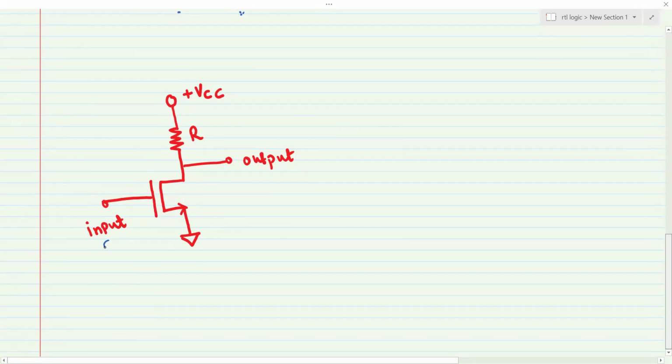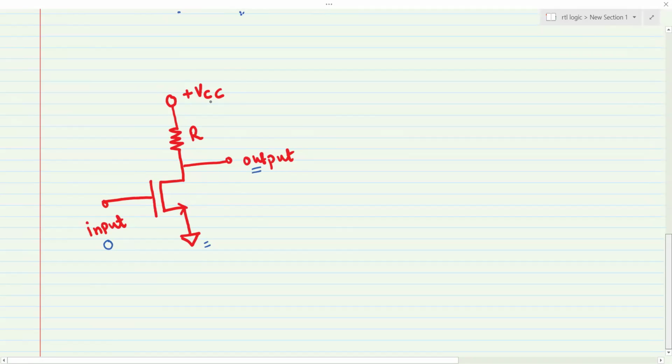So let us say input is at logic 0. When input is at logic 0, this transistor is switched off. It means there is a high resistance path from the output to the ground. The transistor acts as an open switch.